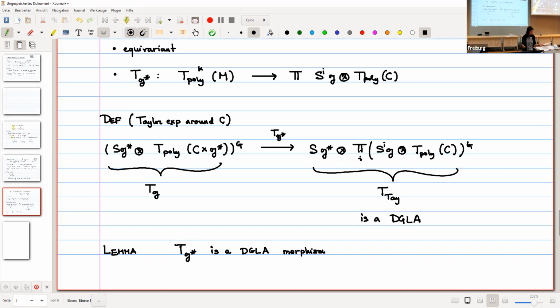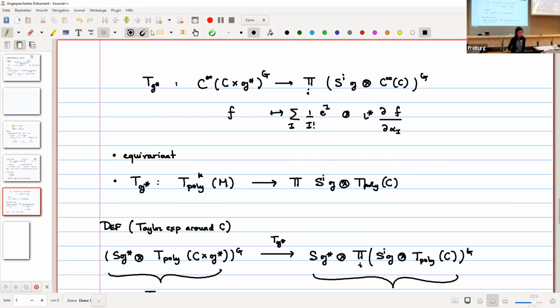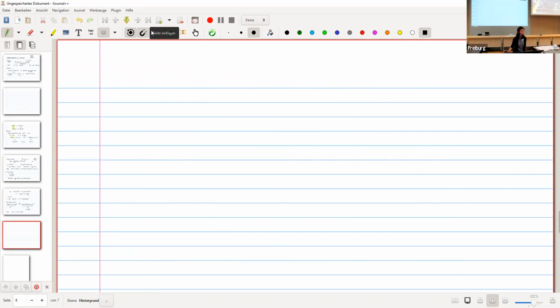Which we like. But we want a bit more, because you remember what we had in mind. We want to include the information of the action in the DGLA, meaning you have to take care of this curvature that we defined at some point, this lambda, right? So let's see what happens if we actually include this guy.